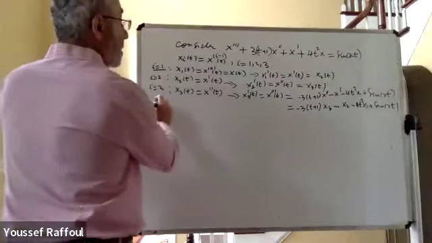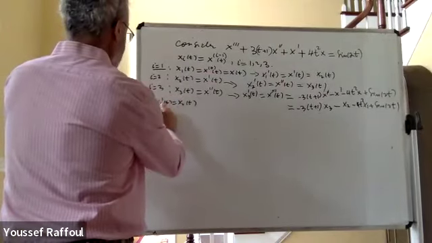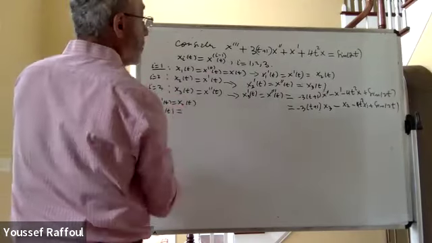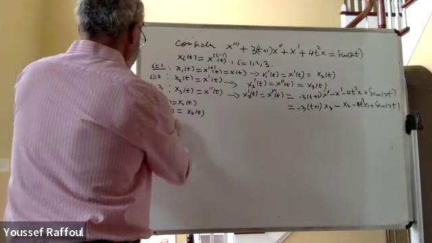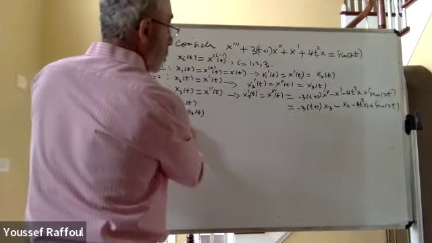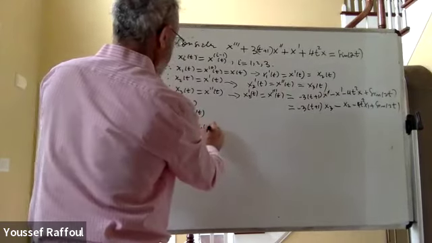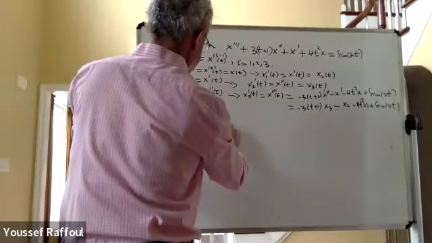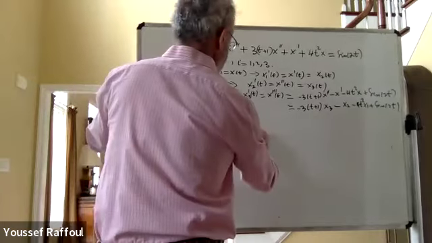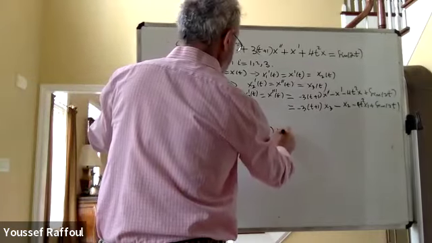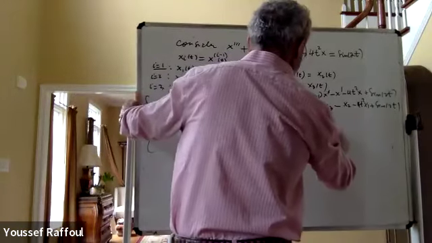So the system is x1 prime of t equal x2 of t, x2 prime of t equal x3 of t, and x3 prime of t equal to minus 4t squared x1 of t minus x2 of t and minus (3t plus 1) x3 of t plus the function sine 2t.